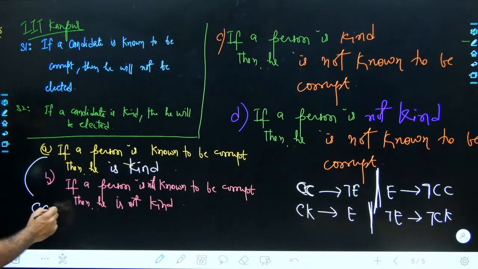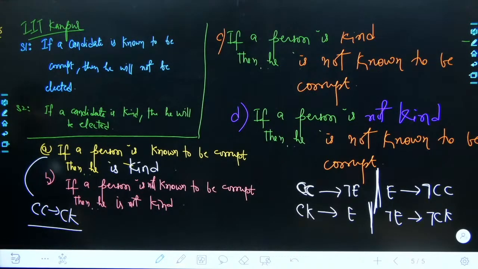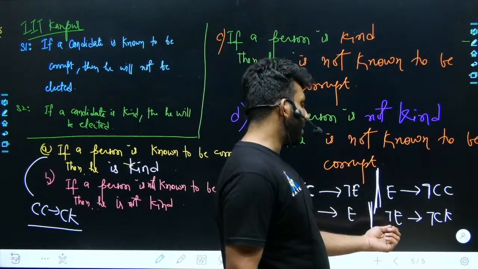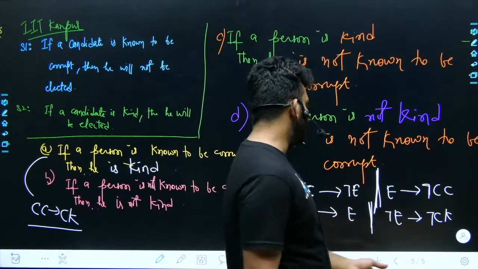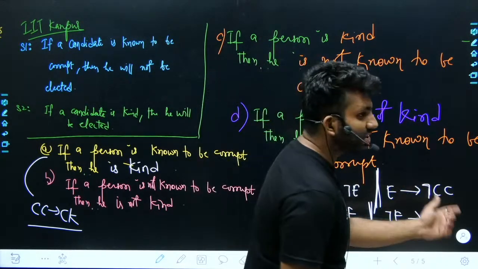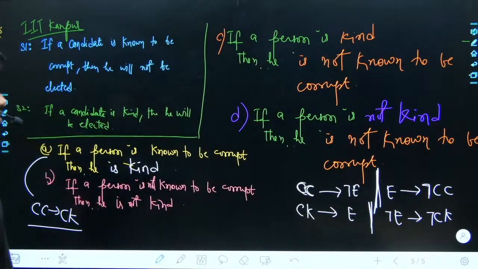The answer is no. CC implies not E, and not E implies not K. That means if a candidate is known to be corrupt, then he is not kind. So this is false.